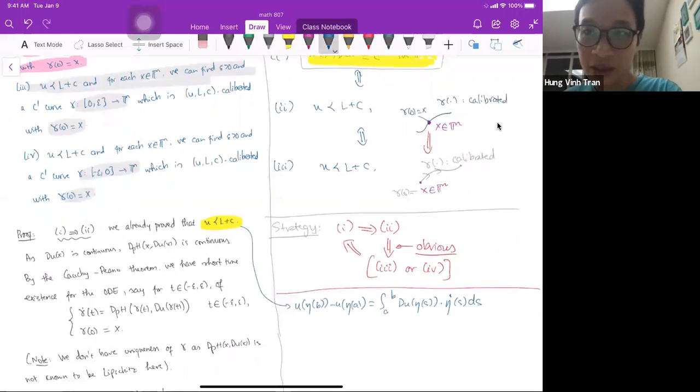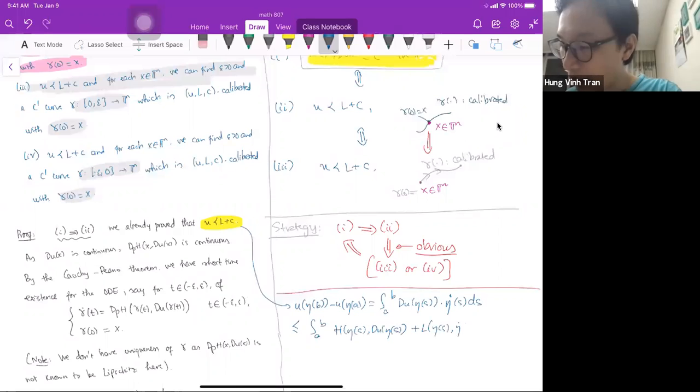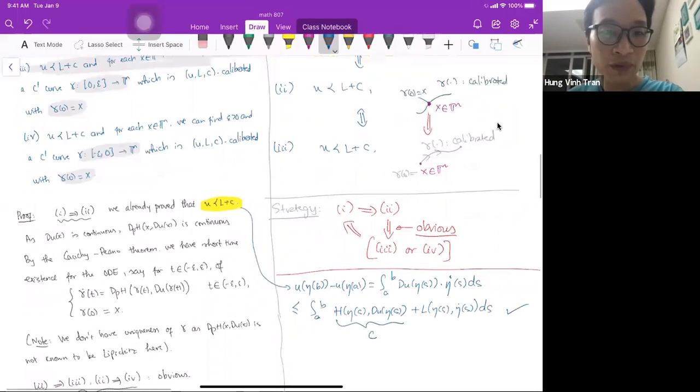Then the trick, same all the time, is by the inequality: h of eta S du of eta S plus L of eta S eta dot of S ds. And remember that h of eta du of eta equals C. So we are done for that part of proving that U is dominated by L plus C.